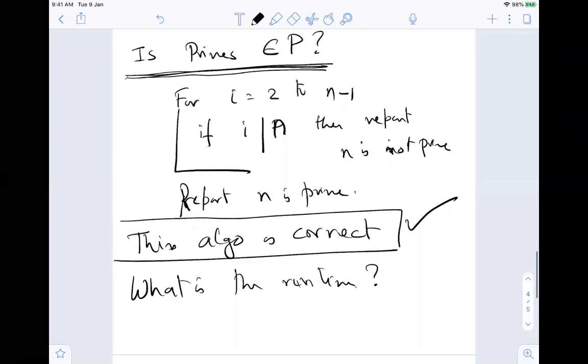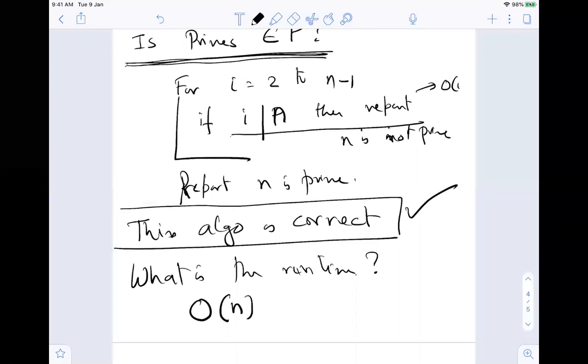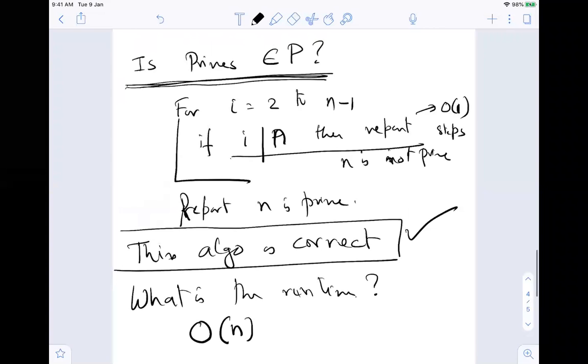See, I am thinking that this whole process, dividing something and checking whether it is divisible by something, can be done in order one step. So the total runtime is basically order n.